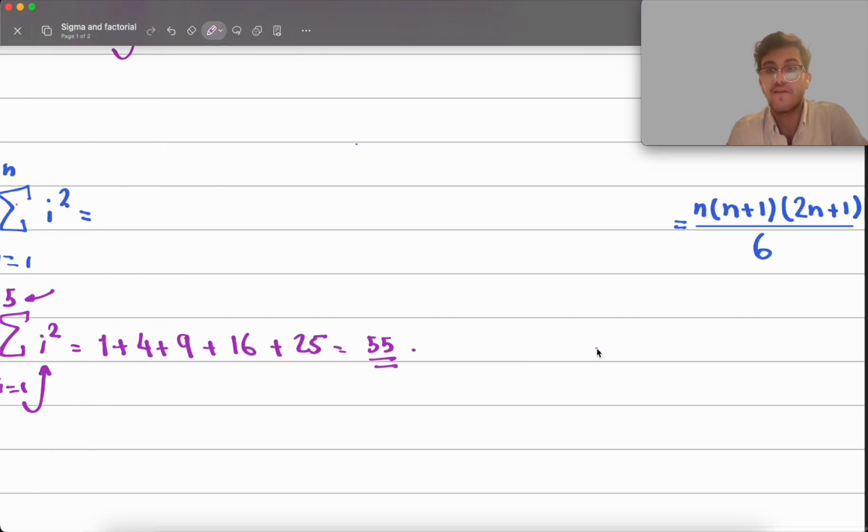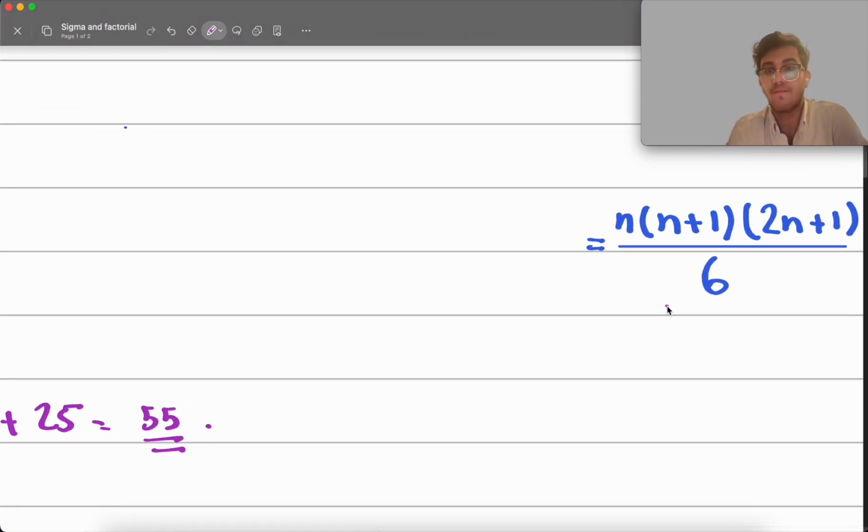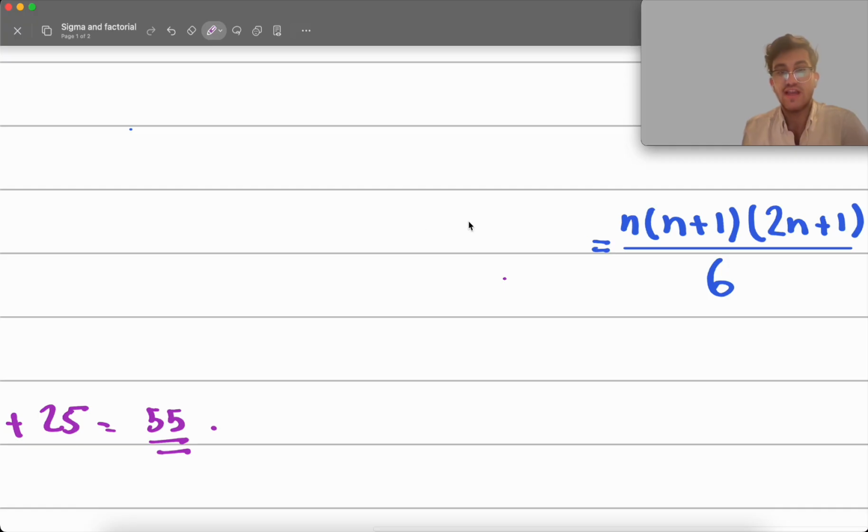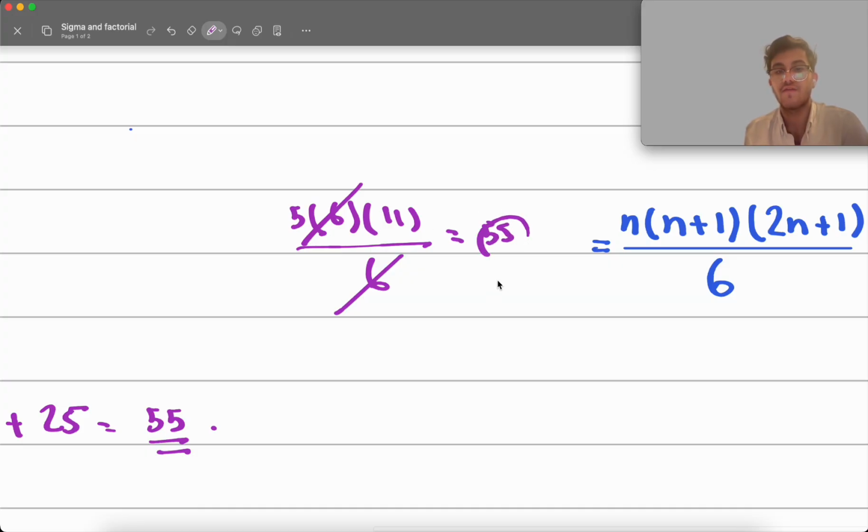And I can find the sum from this formula, which is n, which was 5, times 5 plus 1, which is 6, times 2 times 5, which is 10, plus 1, 11, over 6. So 6 with 6 cancels out. 5 times 11, 55.